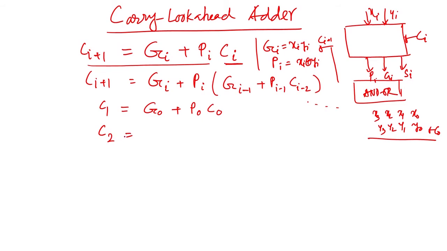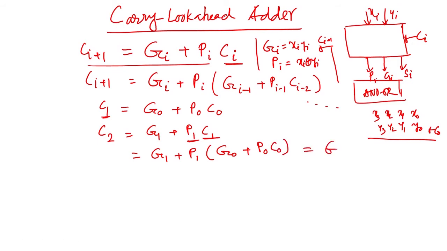Generalized, C2 will be G1 plus P1 C1. Here you can write G1 plus P1, and what is the value of C1? C1 is already here, you can write G0 plus P0 C0. So, therefore, we can write G1 plus P1 G0, plus P1 P0 C0.